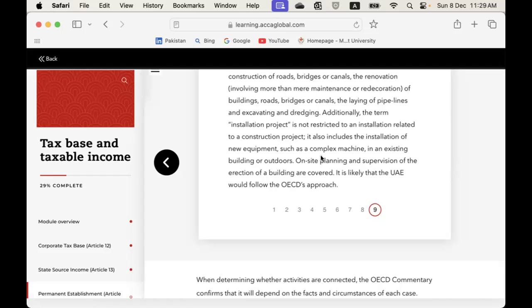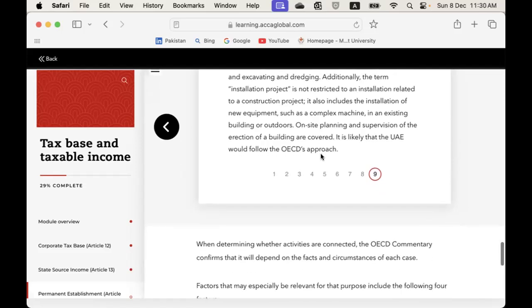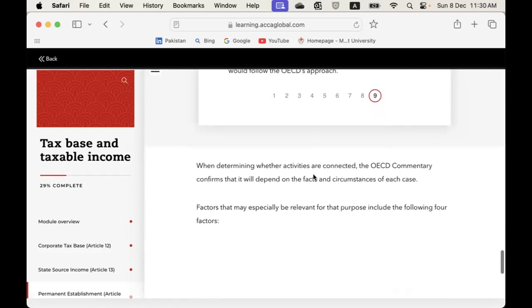So that's a famous case which set the pace for permanent establishments, and it happened in India.